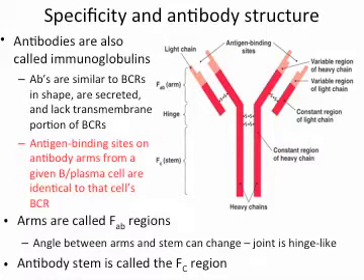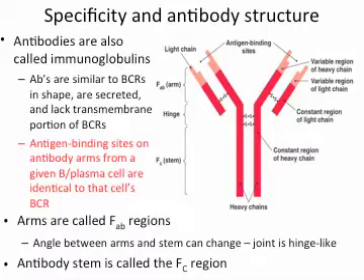That's called the hinge region. And then if we look at both the heavy chains and light chains, there's a constant region, that's in red, and then there's a variable region of the heavy chain and a variable region of the light chain, that's in peach. And that's where the antigen binds.